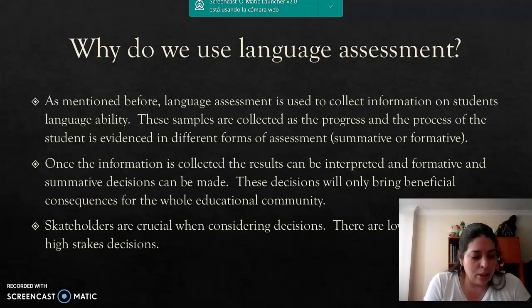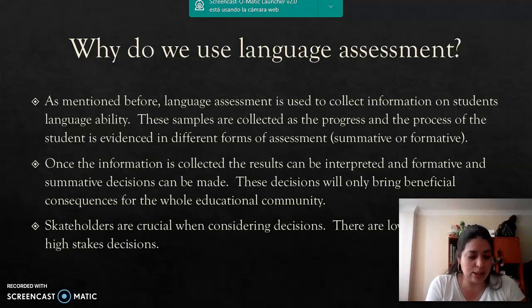Medium stakes. These are placing students into different ability levels in a language program and deciding which students will move to the next level in a course, specifying whatever they want to do of that course, if it's a certification or if it's a specific language class in school.